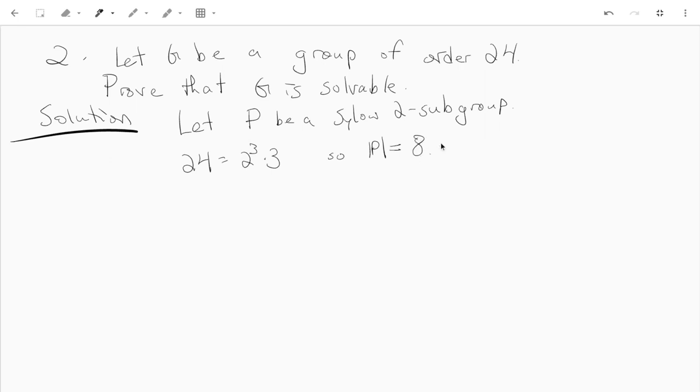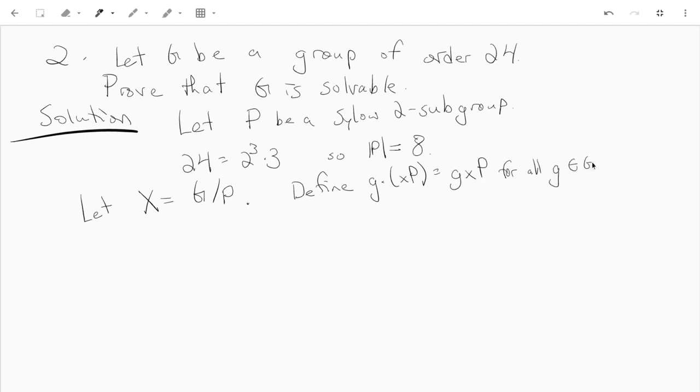Now what did the hint say? The hint said, let's take X to be the set of cosets of P in G, and let G act on X by left translation, or left multiplication. So we'll define g times xP to be the coset gxP, for all g and for all cosets.